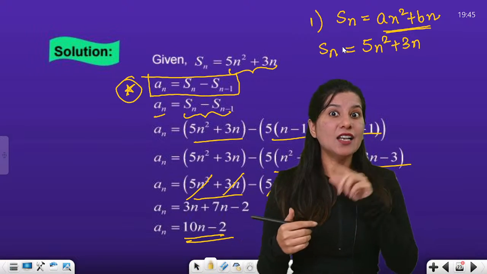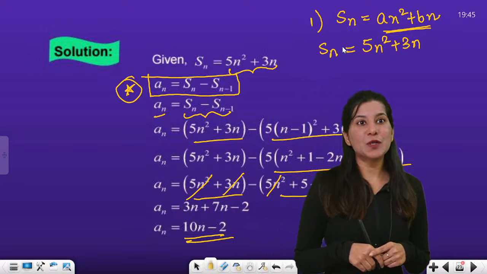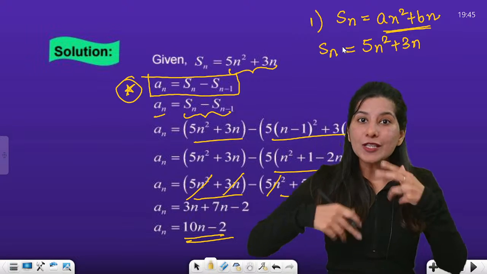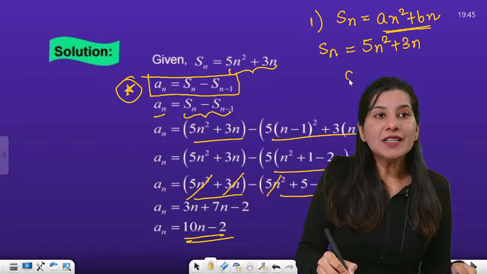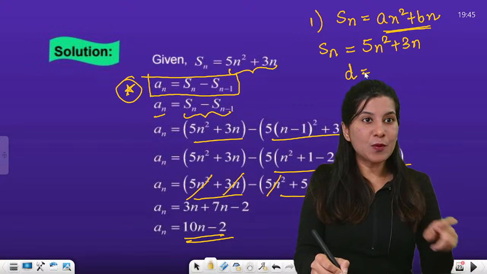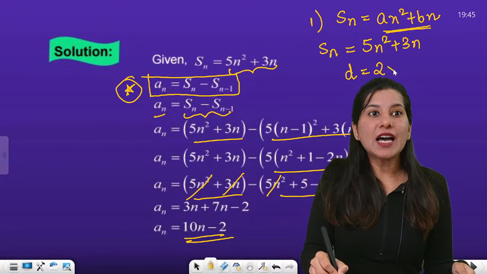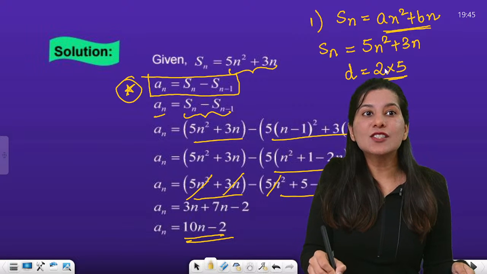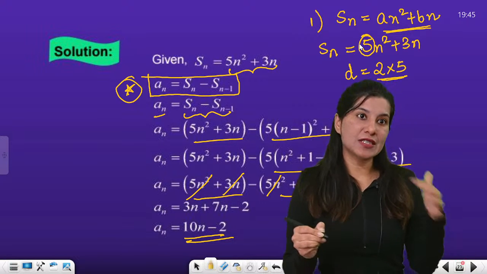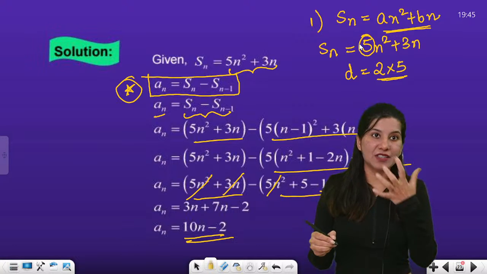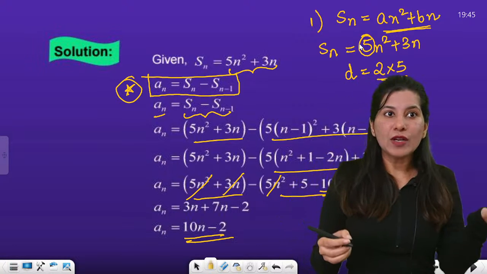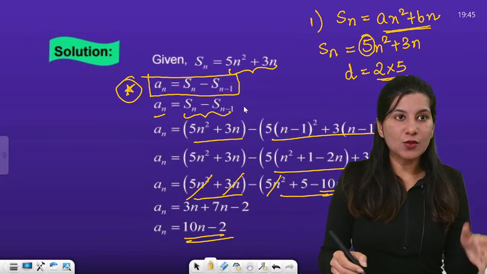Along with that, you can also claim that the common difference is 2 times 5, that is 2 times the leading coefficient. That is, 10 will be your common difference.